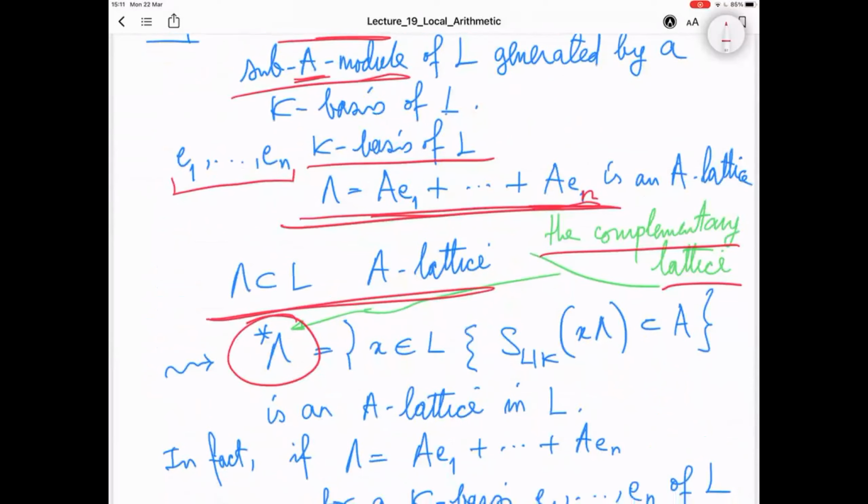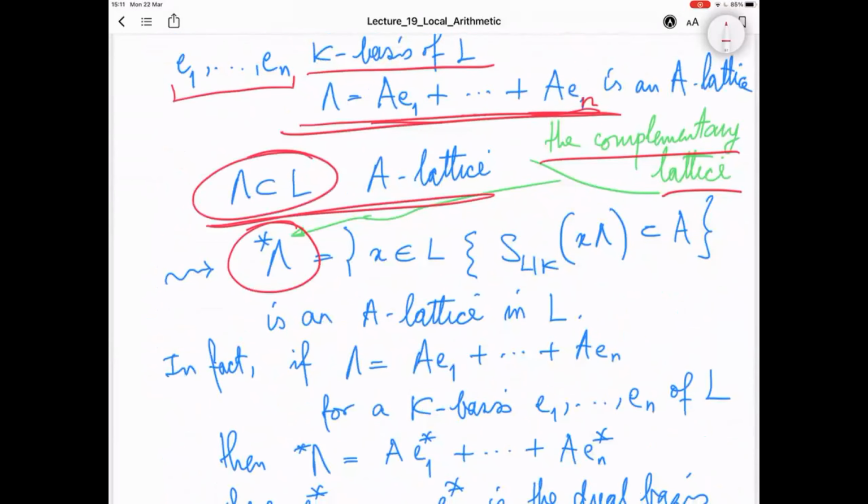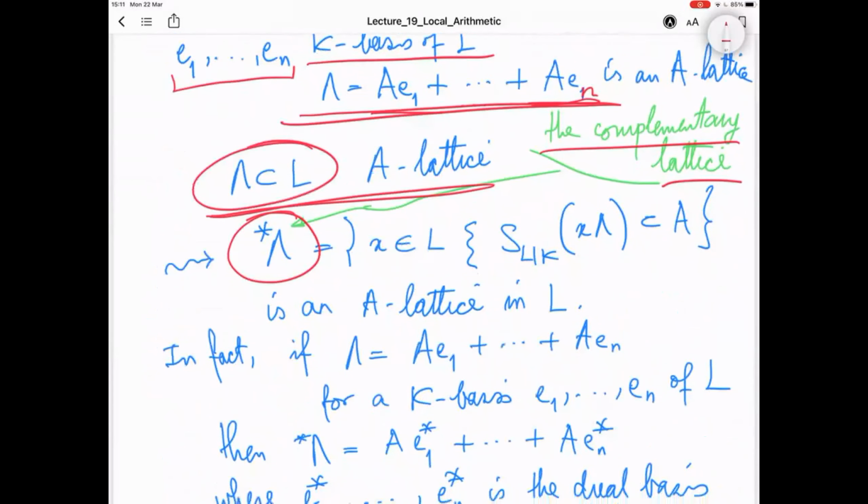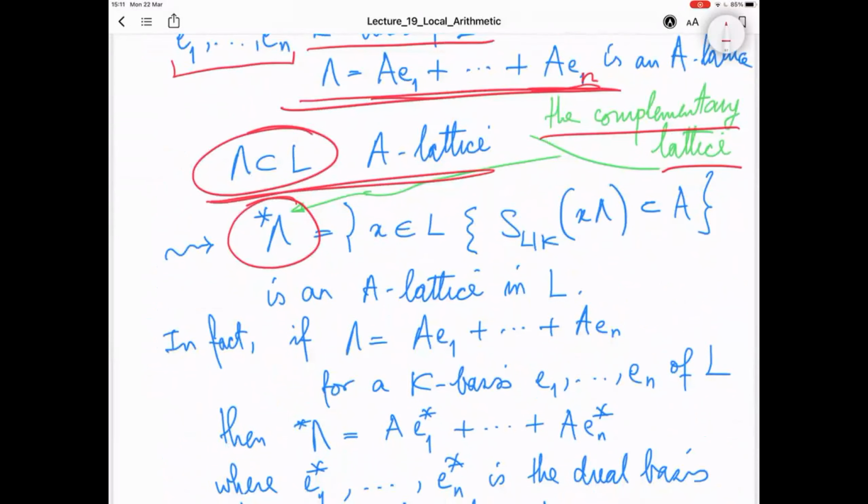Now I have a lattice, and I have this K bilinear map, x comma y going to S L over K of xy. So I can take the orthogonal with respect to this bilinear map. The orthogonal of this lattice is going to be denoted lambda star.